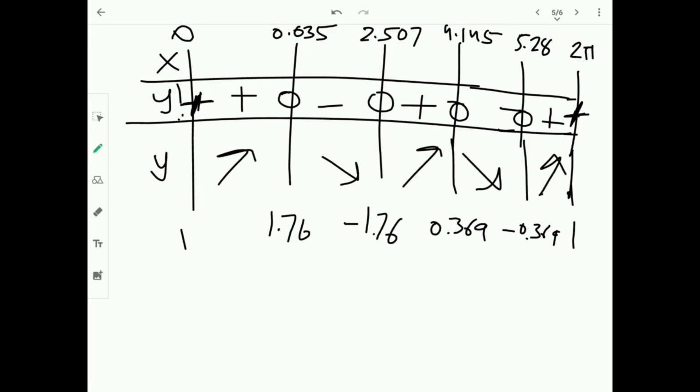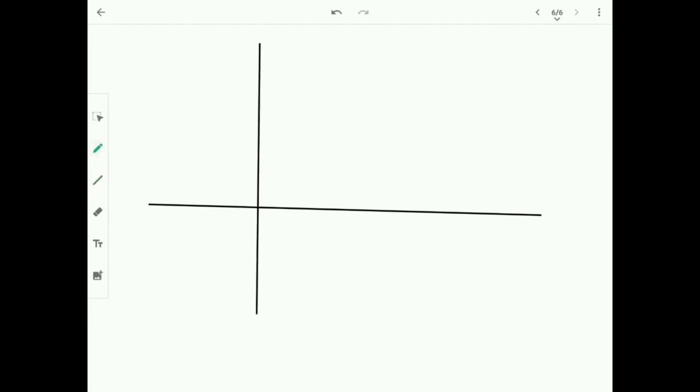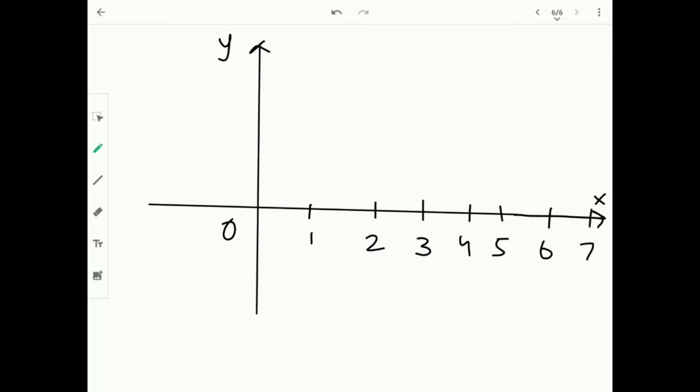Now that we have all of this information, we should graph it. So let me just create a straight line now. Let's call this the y-axis, the x-axis 0. Now let's just create 1, 2, 3, 4, 5, and let me make this line a little bit longer. 6 and 7. 0 would be here, 2 pi would be approximately here.